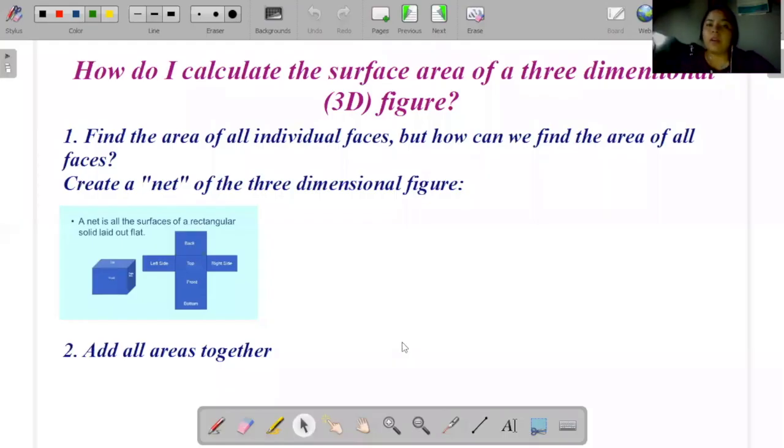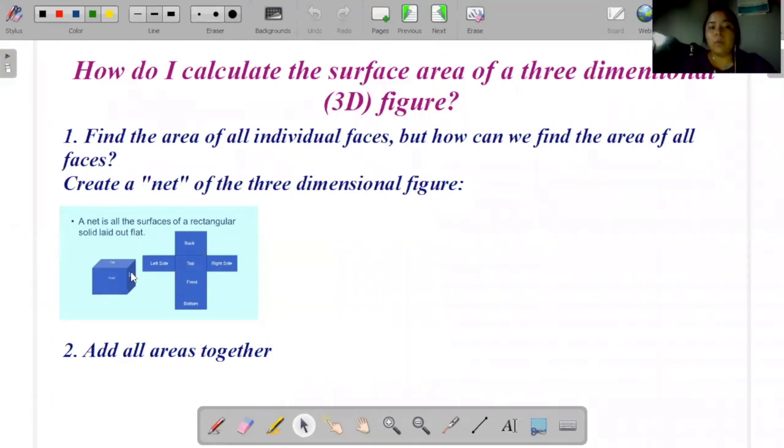But how can we calculate the area of a three-dimensional figure? First we have to find the area of all the individual faces. One way is creating a net of the three-dimensional figure. A net is all the surfaces of a rectangular solid, or any shape, laid out flat.